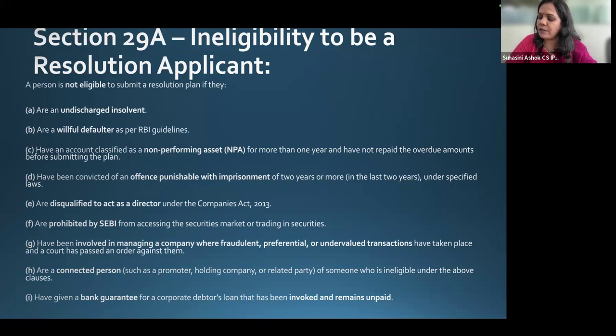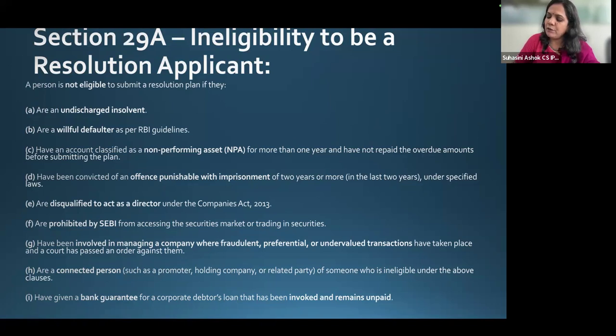In that case also the director is disqualified to submit an EOI. And prohibited by SEBI from accessing the securities market or trading in securities. Again, here there should be an order from SEBI against that person from accessing the securities market. Then that person is also disqualified to submit an EOI.